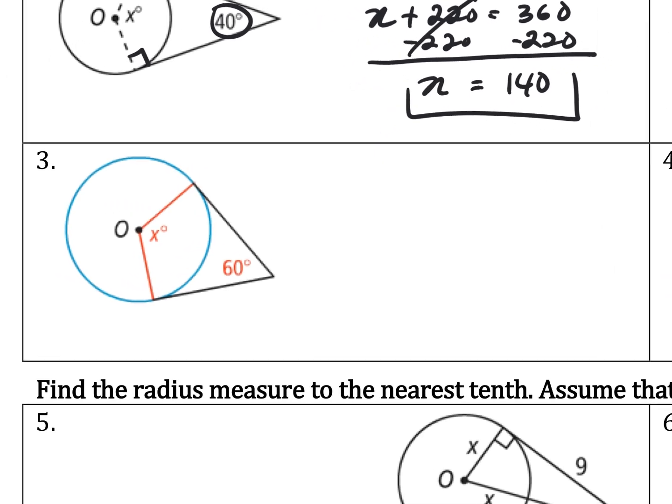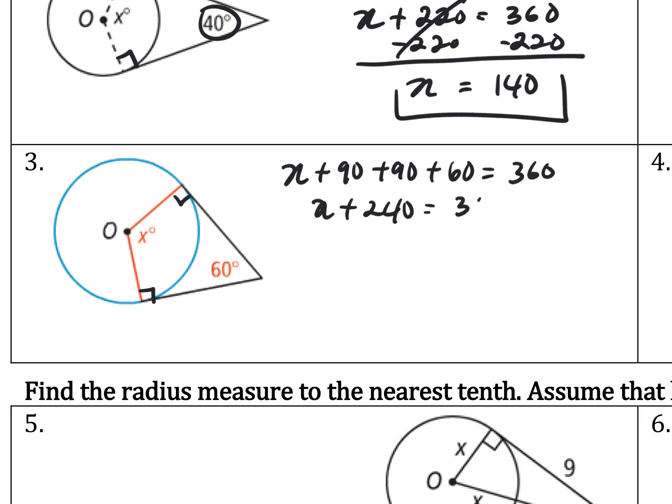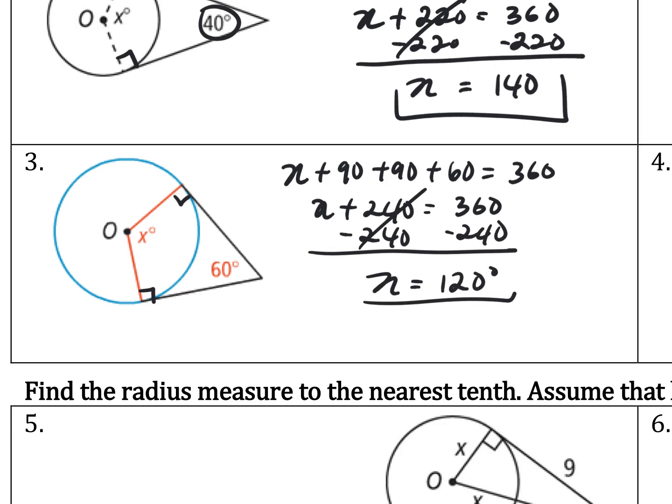Okay, next, they're asking us the value of x degrees. So this is going to be 90, that's going to be 90. So we're going to say x plus 90 plus 90 plus 60 is equal to 360. 90 plus 90 plus 60 is going to give you 240. Therefore, the value of x here is going to give you 120 degrees.